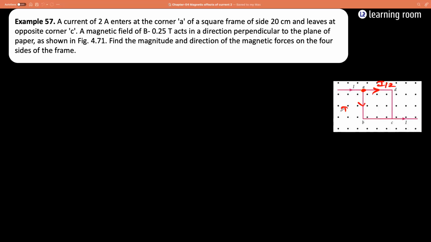I by 2 and I by 2. Am I right? Did everyone do this? So at the point C, the downward I by 2 and the rightward I by 2 will get added so that I is coming out. Now take each conductor. Now Nitish, ask me your question.